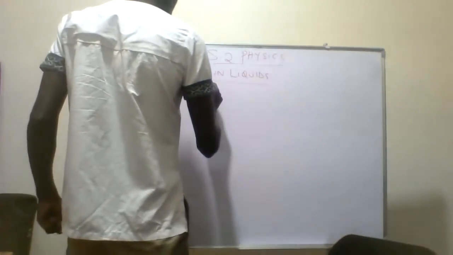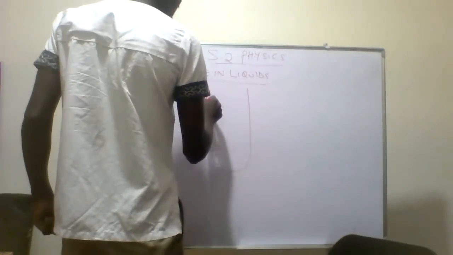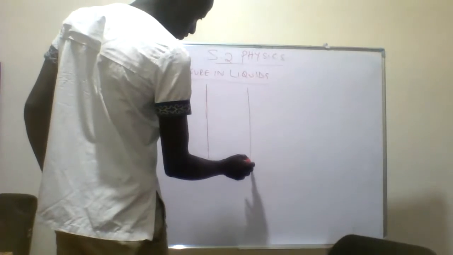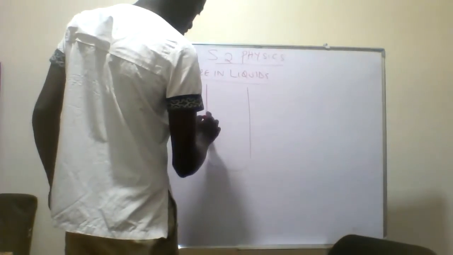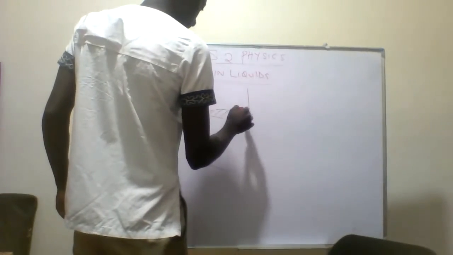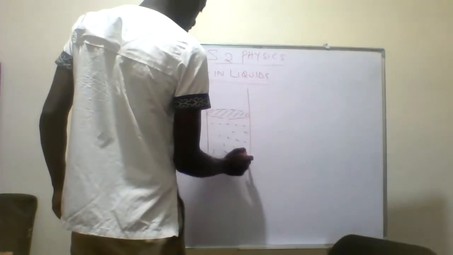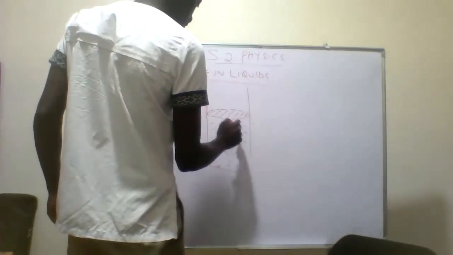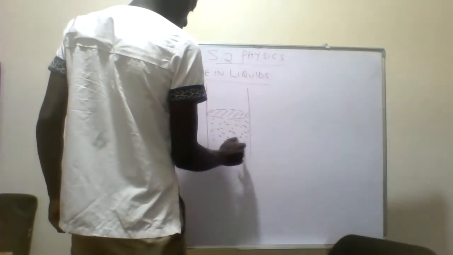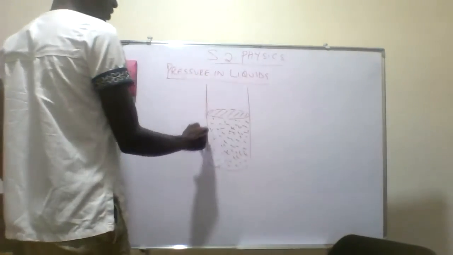So if I have a container that is having my liquid, this container is of cross-sectional area. This is the liquid, which can be water, alcohol, mercury, paraffin, oil, milk, urine, blood, name them, the different liquids.